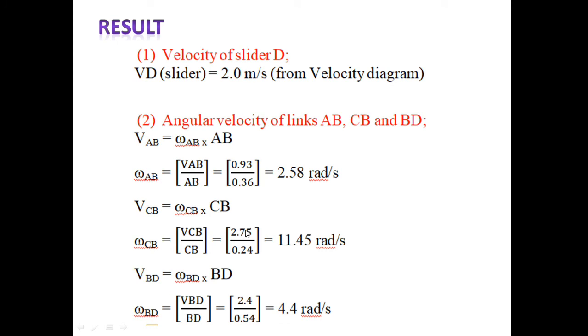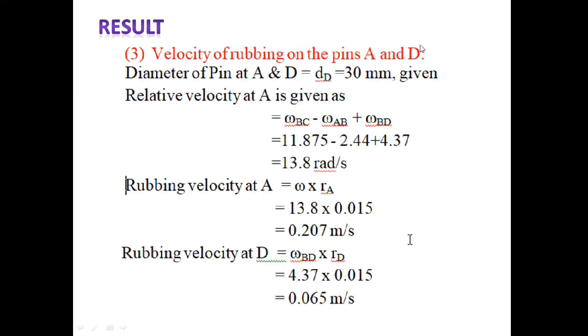And then the rubbing velocity on the pins A and D. The given pin value is 30 mm, so it changes to a radius of 15 mm, and converted to meters, 0.015. Relative velocity at A is given by angular velocity BC minus angular velocity AB plus angular velocity BD. So you got that the relative angular velocity of the pin at A is 13.88 radian per second.